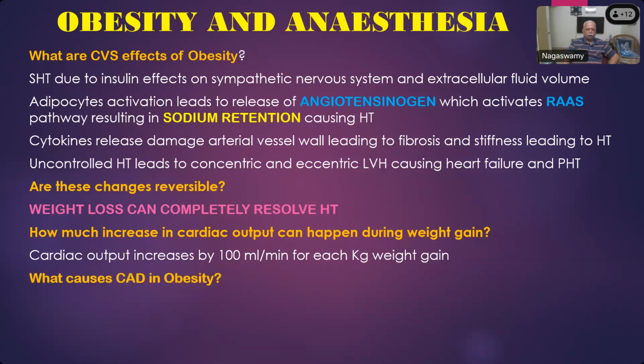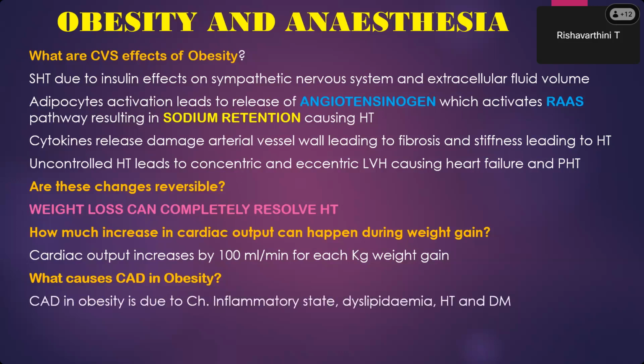Okay. What is the cause for coronary artery disease in obesity? Diastolic dysfunction. Diastolic dysfunction means the heart is not able to relax well. So the left ventricular filling will become inadequate.